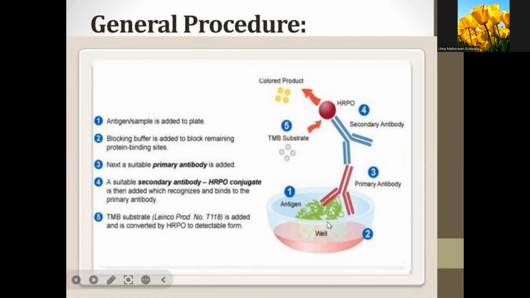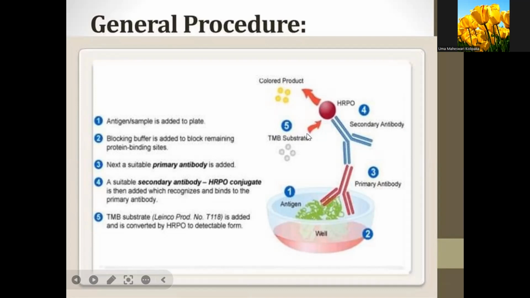First of all, we add antigen to the microtiter plate. Then we add the primary antibody. Then we add the secondary antibody, which is linked with the horseradish peroxidase enzyme.